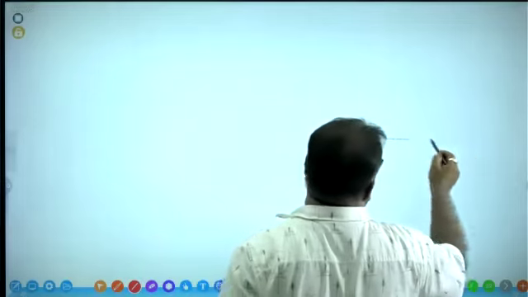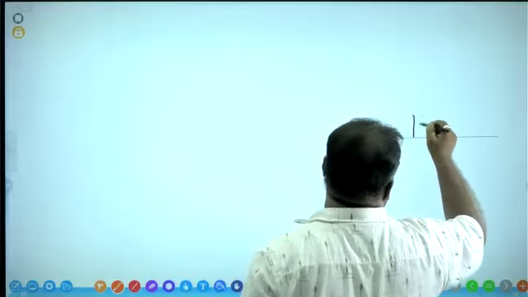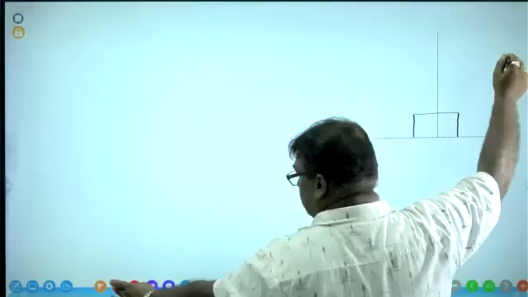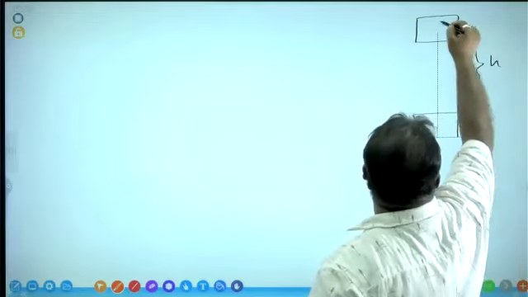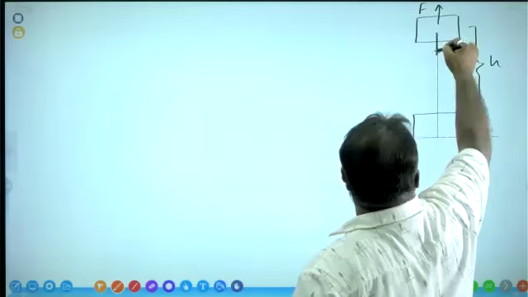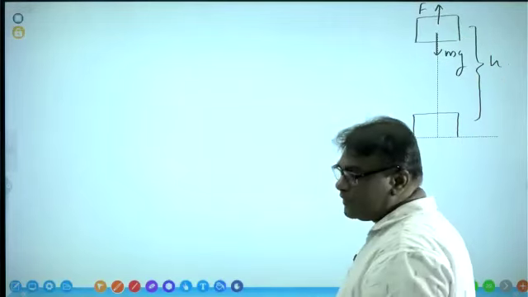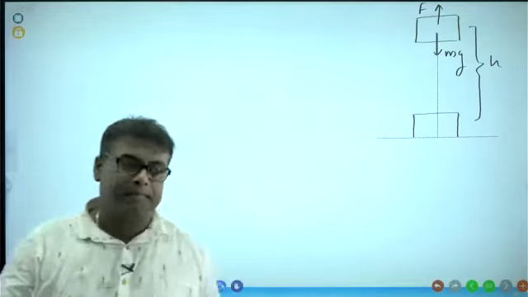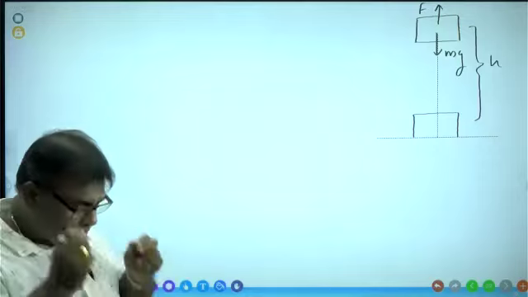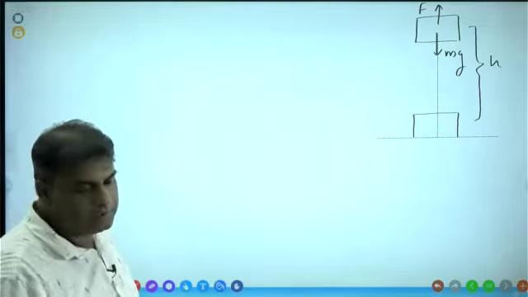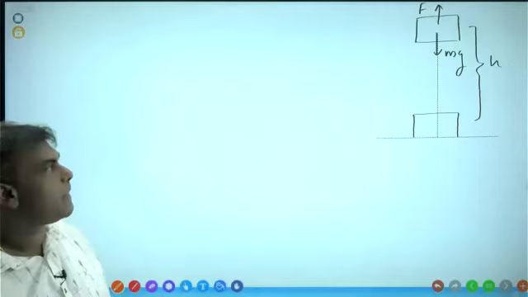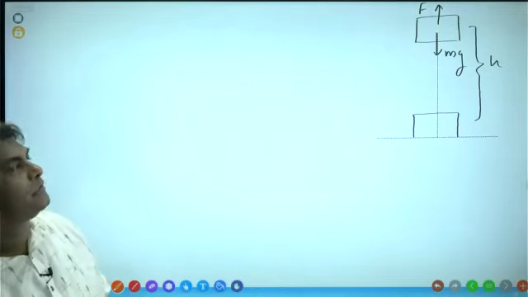Consider a mass of m shifted vertically upward through the height of h by applying minimum vertical force equal to weight.